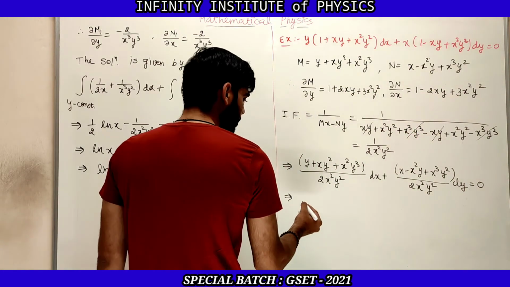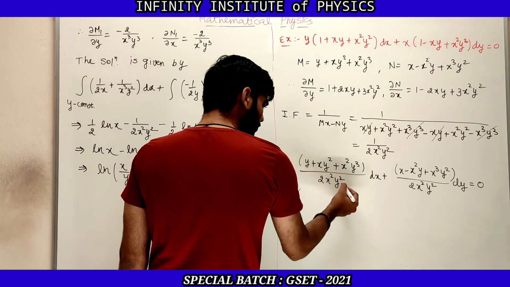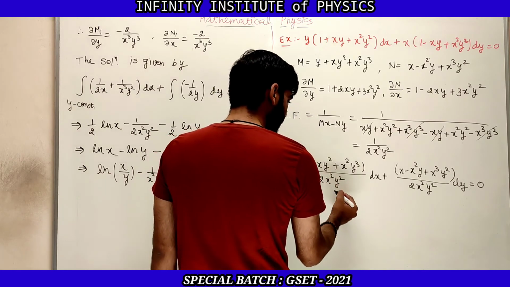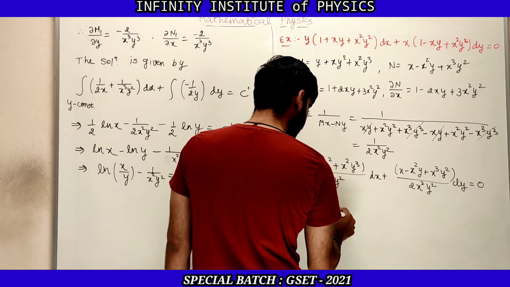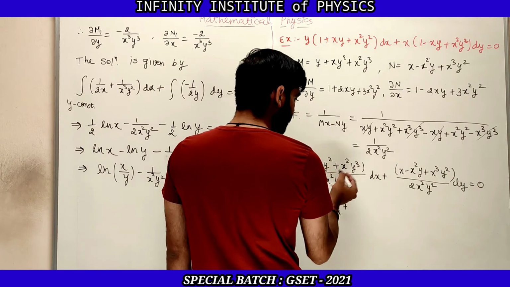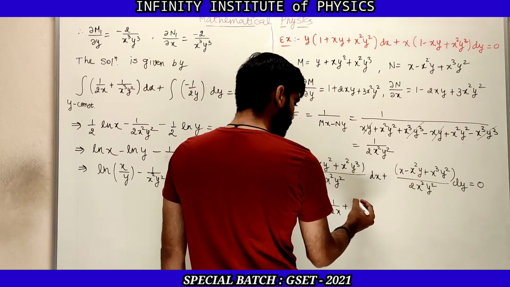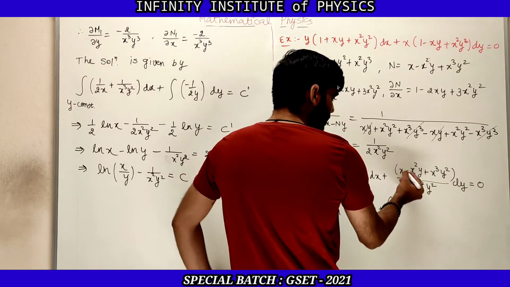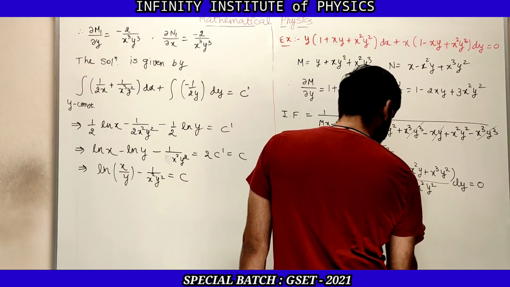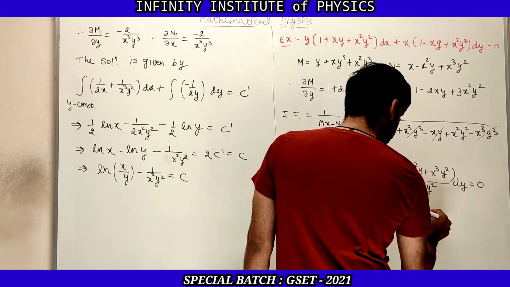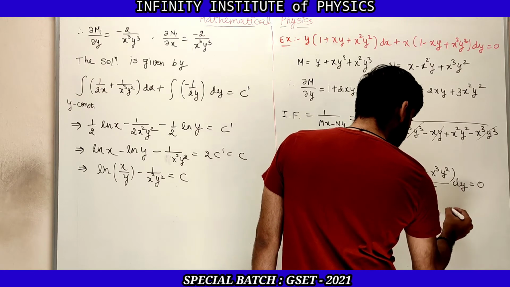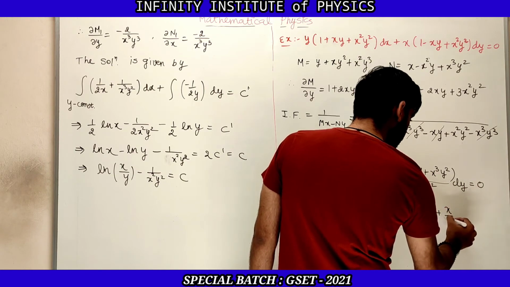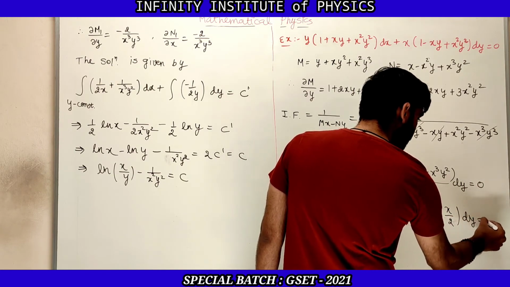Now simplifying each term, the y cancels out, so it is 1 by 2x square y plus 1 by 2x, plus here x square cancels out, y square cancels out, then it will be y by 2, dx, plus here in this we have 1 by 2xy square minus 1 by 2y plus x by 2 dy, which is equal to 0.